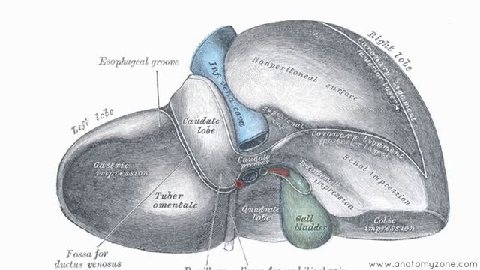So this coronary ligament demarcates an area of the liver which is non-peritoneal. So there's a bare area on the liver where there is no peritoneum. This is called the bare area of the liver, and this part of the liver is in direct contact with the diaphragm.